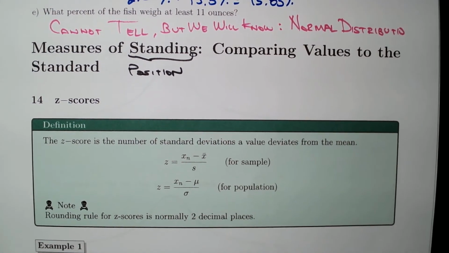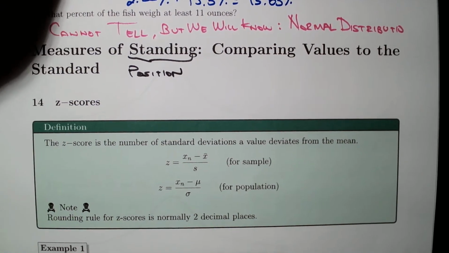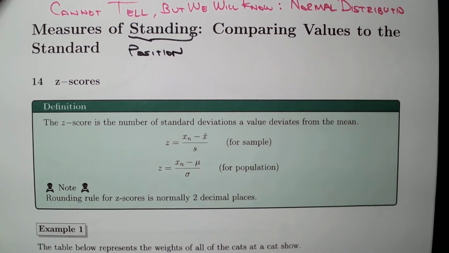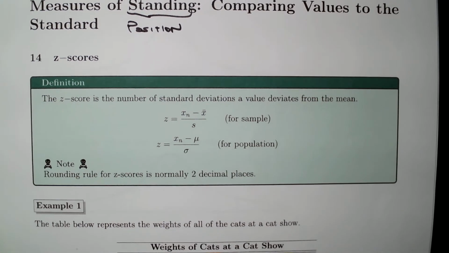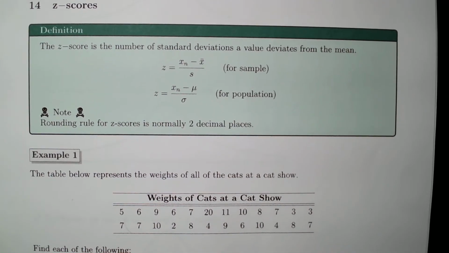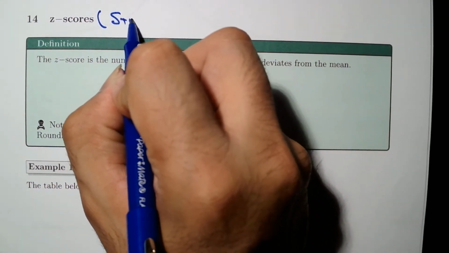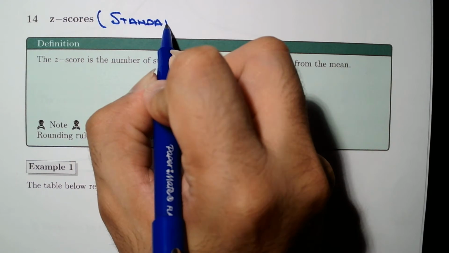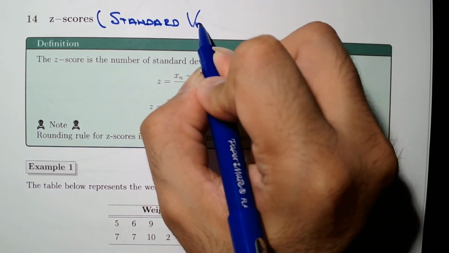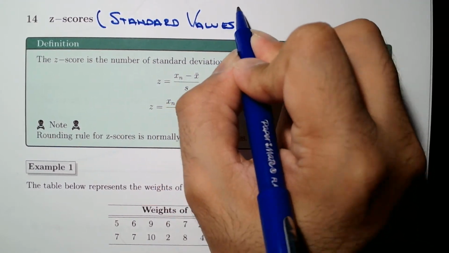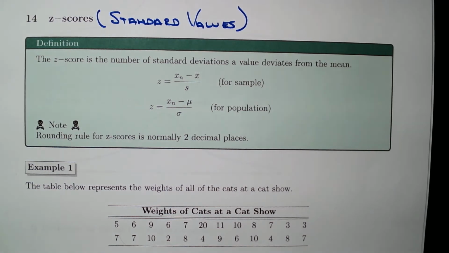Alright, so what are we going to do here? So the z-score is the number of standard deviations a value deviates from the mean. Okay, so z-scores are also called standard values. That's another way to call these z-scores.